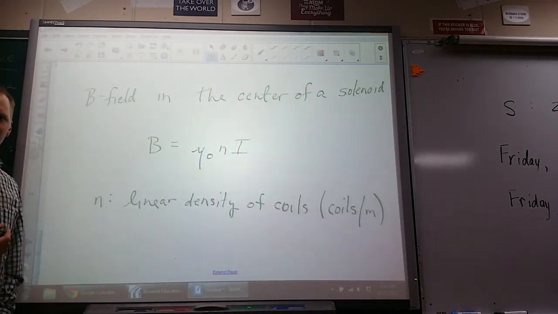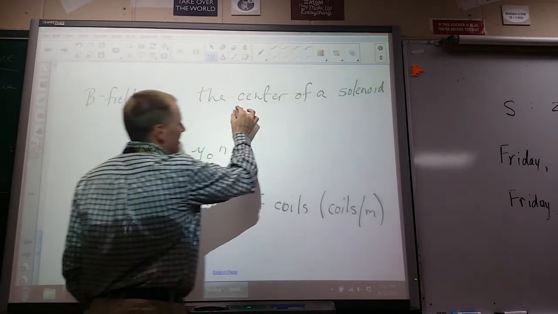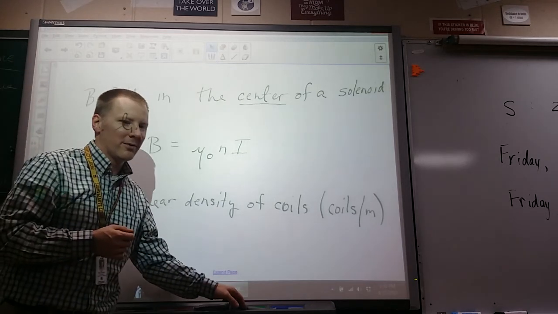And then I is the current going through those coils. Again, this is only along the center of the solenoid, because outside the solenoid, it starts to spread around, and it really changes a lot as you go around, way beyond what we need to do here.